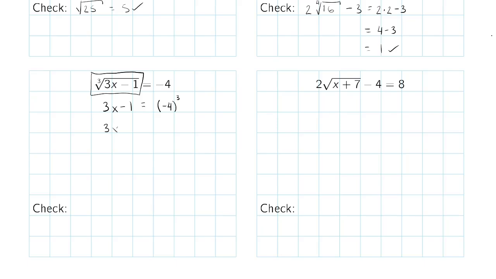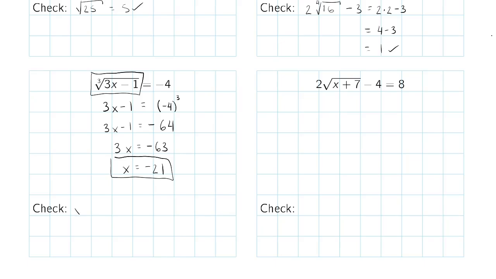So 3x minus 1 is working out negative 4 to the third power. We get negative 64. Add 1 to both sides. 3x is negative 63. Finally, divide both sides by 3, and we get x is negative 21. That's our solution, single solution to this equation.